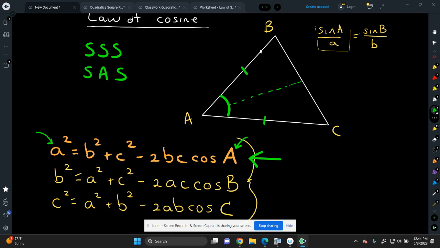For the law of sine, you need an angle and its corresponding side. In this case, we don't. For the law of cosine, you can see that the angle is wedged between the two sides that we know. It's that side, angle, side.